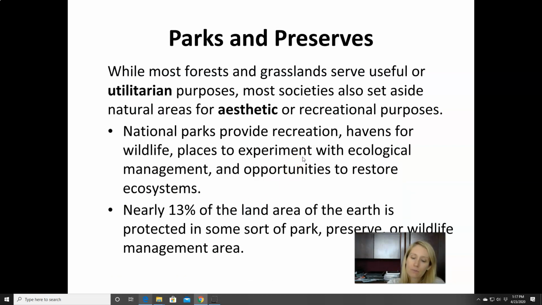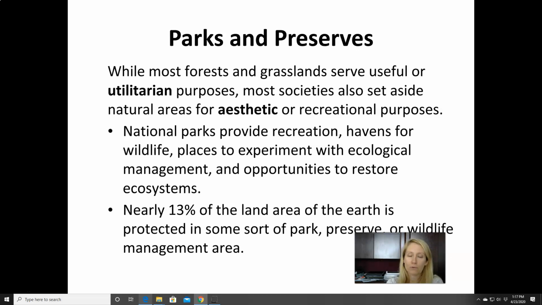So the last part of this particular lecture is about the desire and the need to create dedicated areas where we can go out and just be with nature and enjoy nature. And in the United States, that looks like our parks and preserves system. So we have a series of laws in place that enable us to establish both state and federal parks.